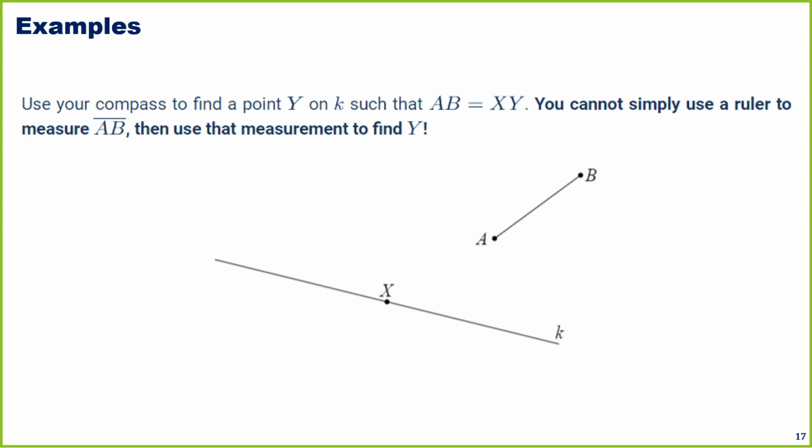You cannot simply use a ruler to measure AB. Okay, I'll give you 1 minute to think about it. Okay, and I'll show you how we can do this on a computer screen.